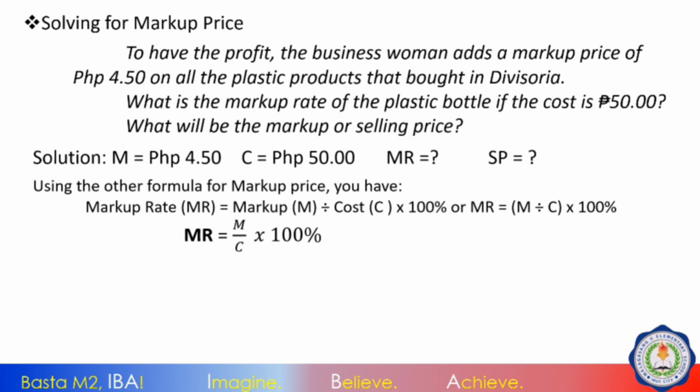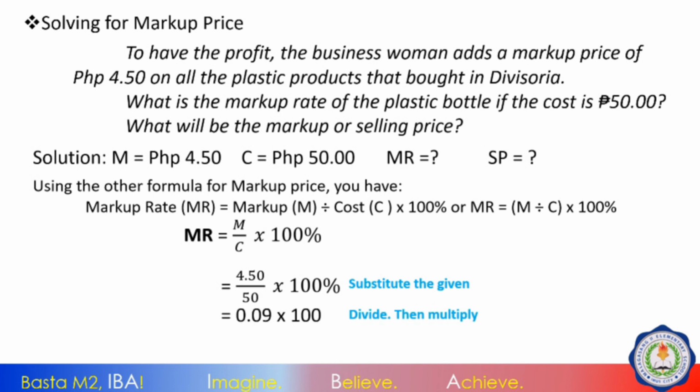Take note that we need to divide first the markup and the cost before multiplying it with 100%. Let us substitute the given. M will be 4 pesos and 50 centavos and C will be 50 pesos times 100%. We need to divide first, then multiply.